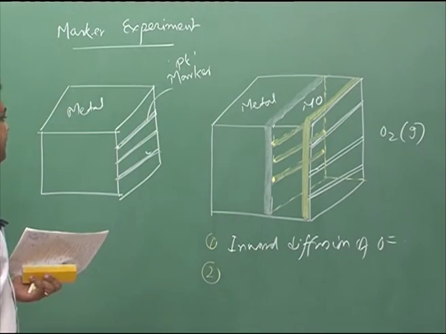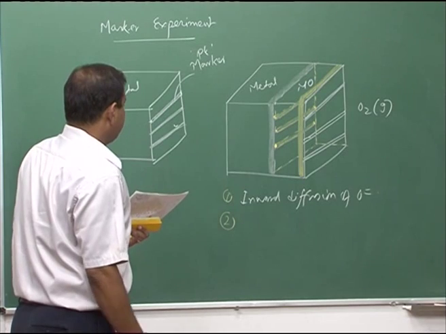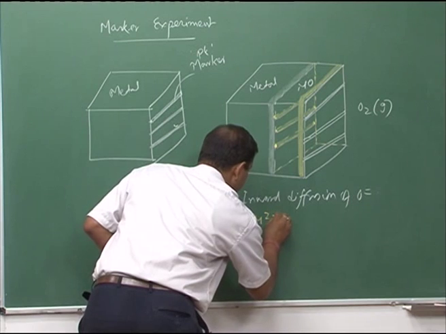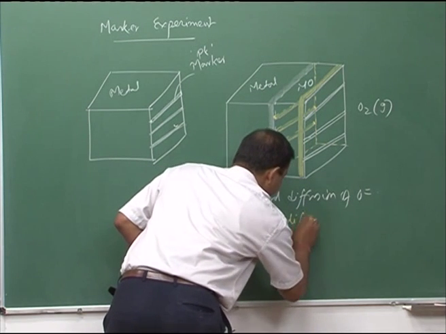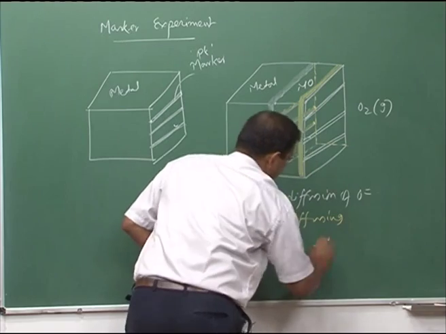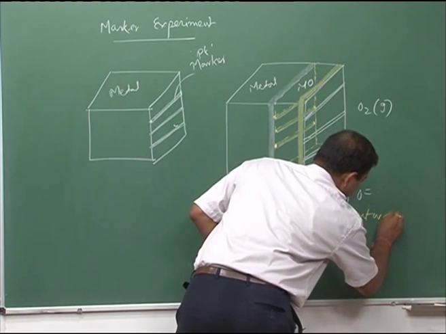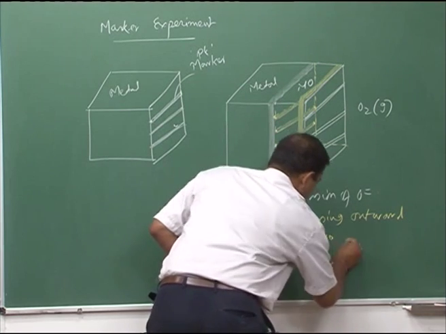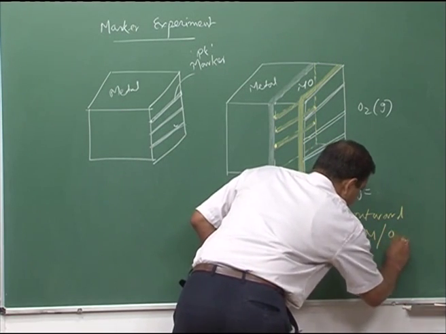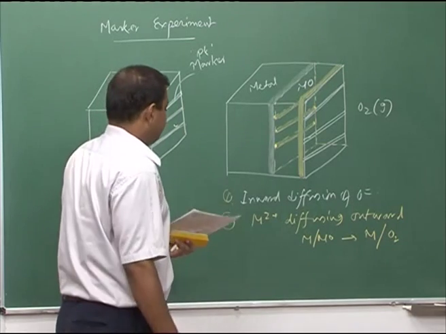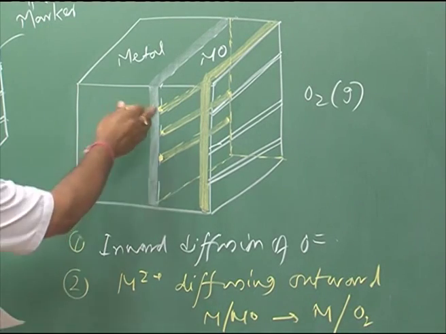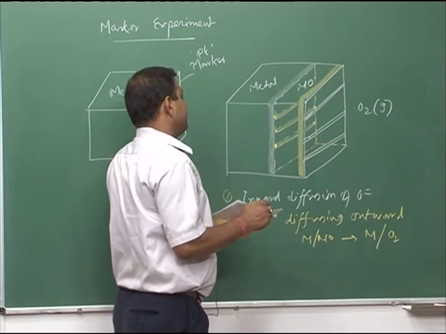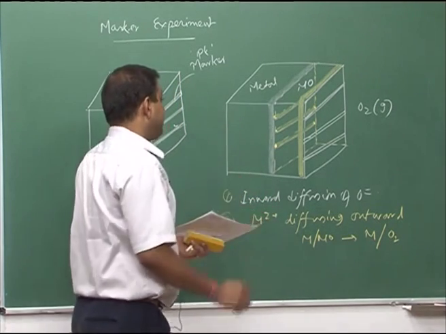This is generally happening because of metal cation diffusing outward, outward meaning toward the metal oxide environment interface. So, from the position of this marker we can clearly tell where the oxide is actually growing.